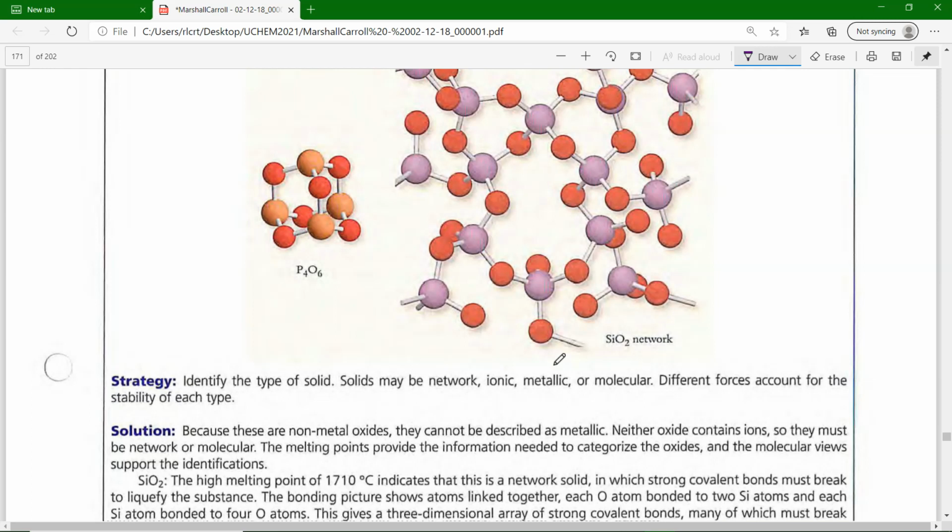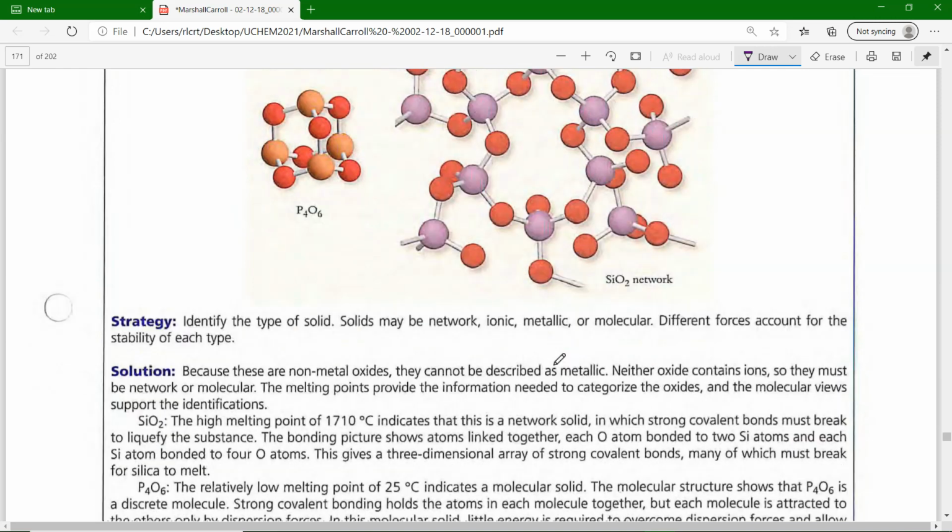SiO2 is a network solid, strong covalent bonds, we said all that. Each oxygen atom is bonded to 2 silicon, right? And each silicon is bonded to 4 oxygen. Three-dimensional array of strong covalent bonds.